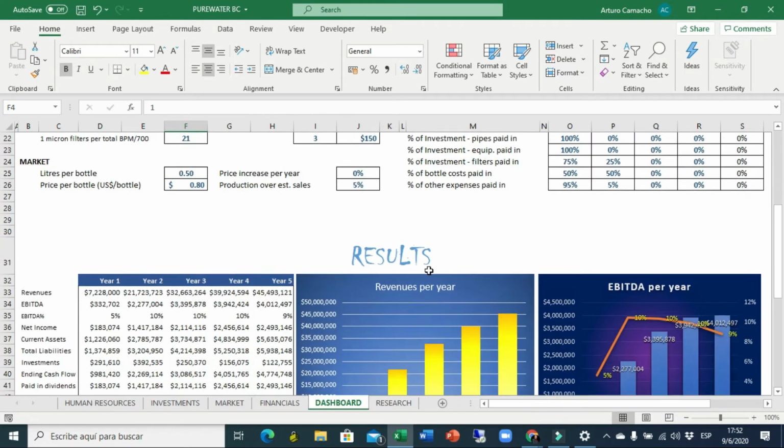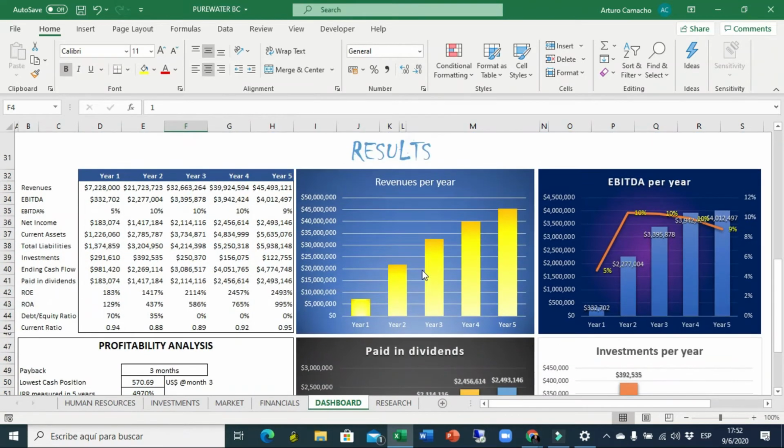And where are the results? The results are here. As you see, this is like a small income statement, a small balance sheet, small cash flow, some of the indexes I showed you already, and the dividends.